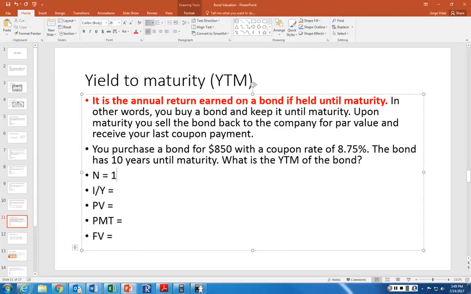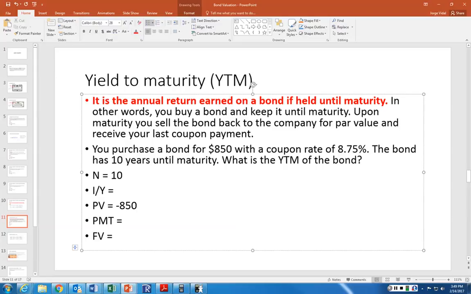So we have 10 years. I'm looking for the IY, which is the YTM. Present value will be negative 850. In class I used a different number, but I want to use this right now.